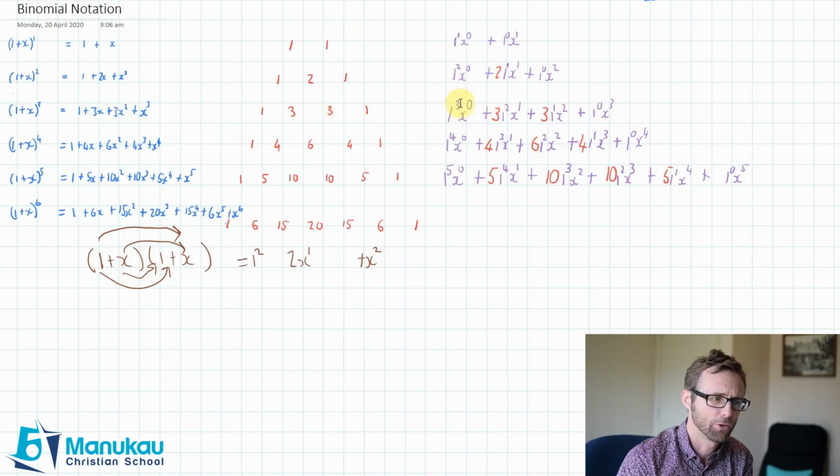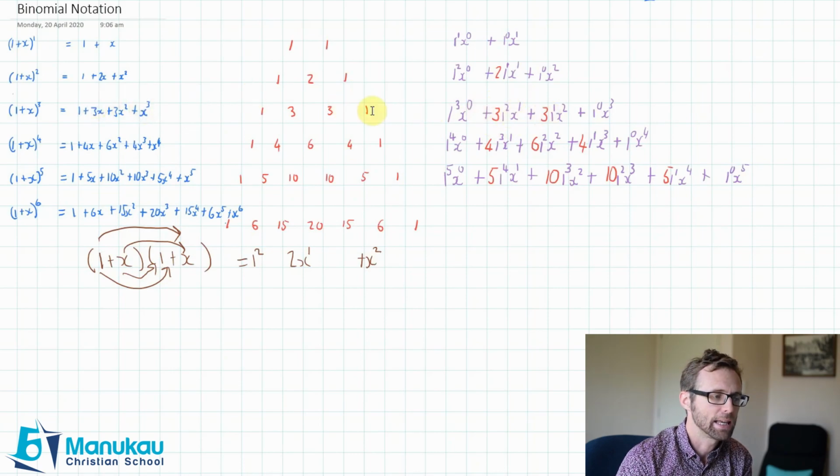Well, 1 to the power of 3, x to the power of 0. Next term, we're going to take this 3 from the Pascal's triangle and multiply it by 1 to the power of, drop it down from 3 to 2. X comes up from 0 to x to the power of 1. That will give us our 3x term over here.